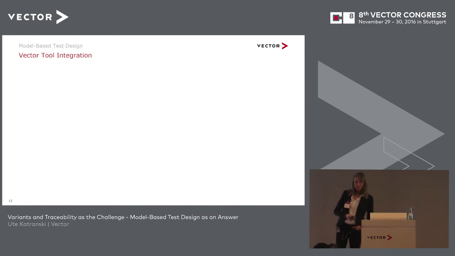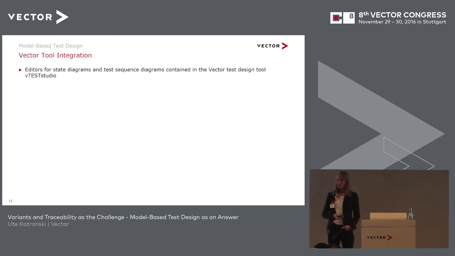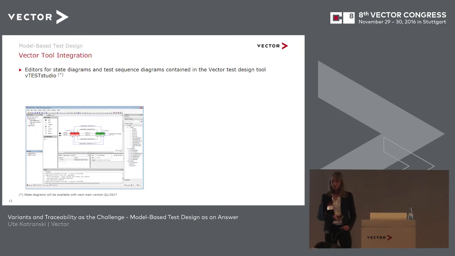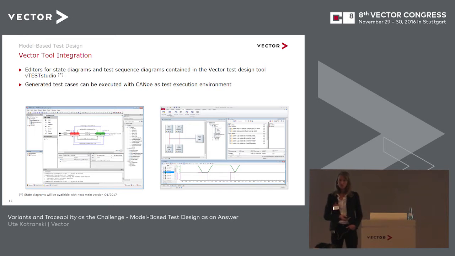So we're at the Vector Congress here, so let's do some advertising. Of course, we also support model-based test design in our test design tool, VT Studio. There's just a small asterisk here, test sequence diagrams. We already have that. State diagrams will be implemented from January next year onwards.